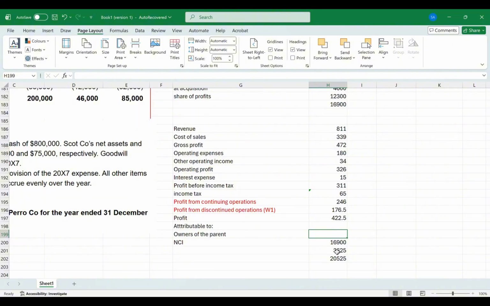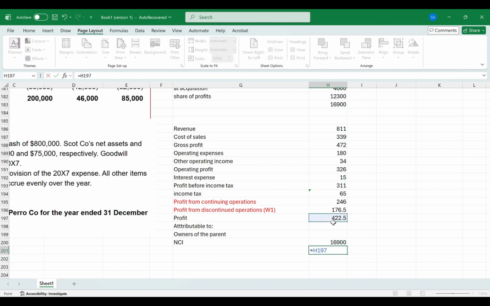Now when you write to owner, it is this minus this. Sorry. Your profit has to be this, 40 to 500.